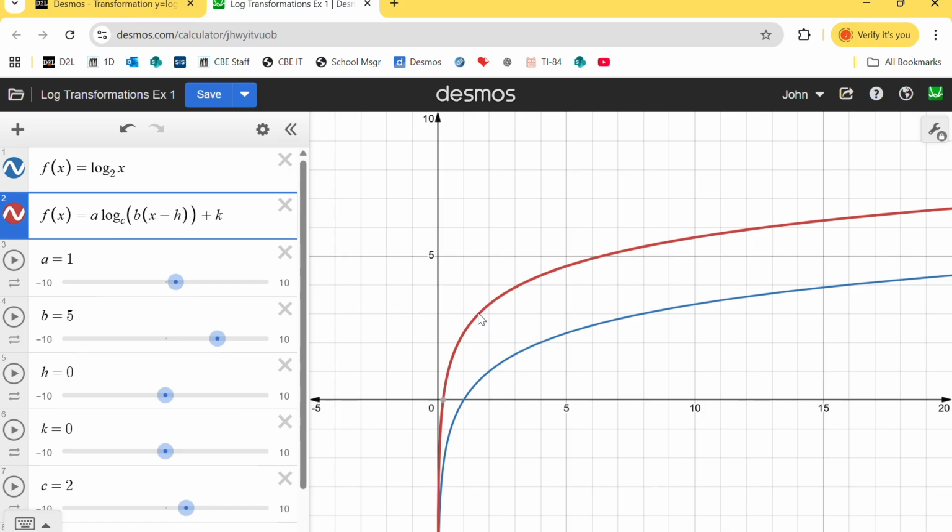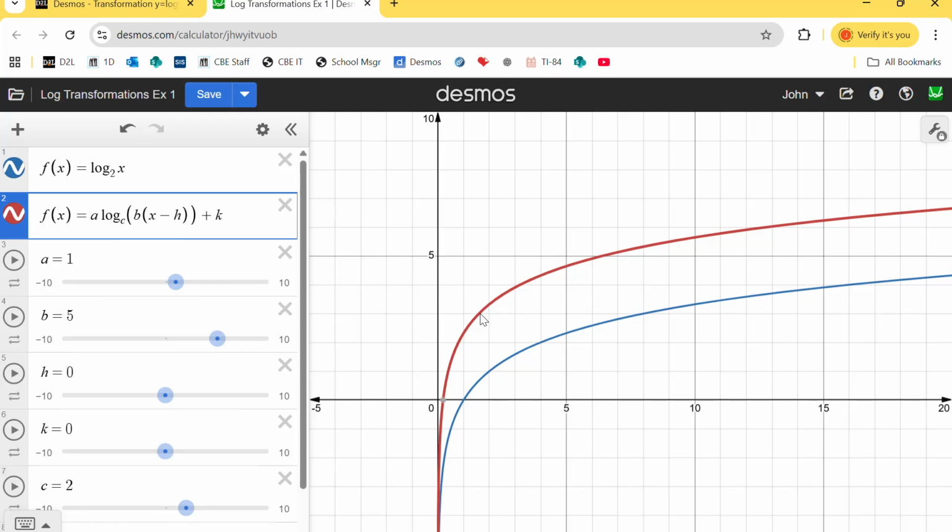So Desmos is showing right about there as 1.6. Okay, so there's the b value of 5.